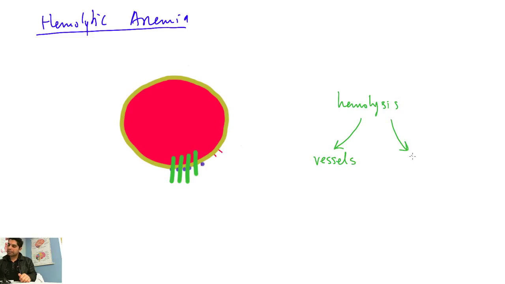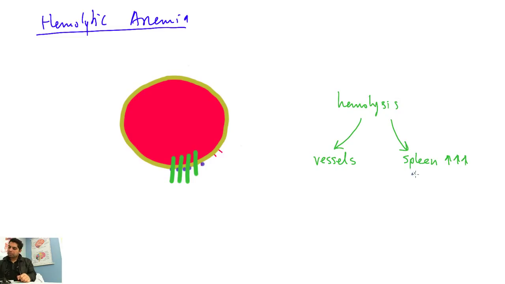The second one is in the spleen, primarily spleen in adults, some in liver, some in lymph node, some in bone marrow, and these are known as reticuloendothelial organs or tissue, but I'll keep it to spleen for now because that's the primary one.